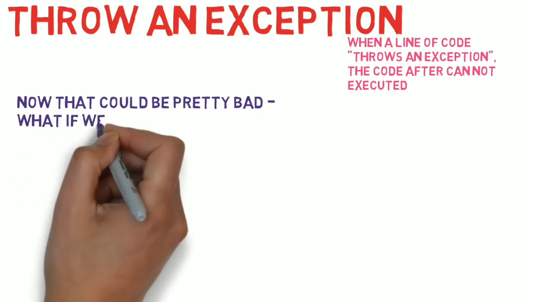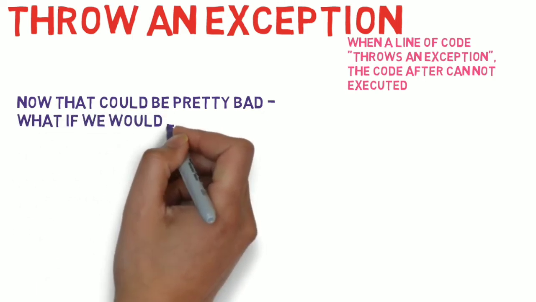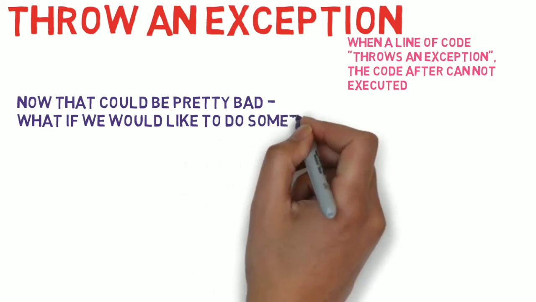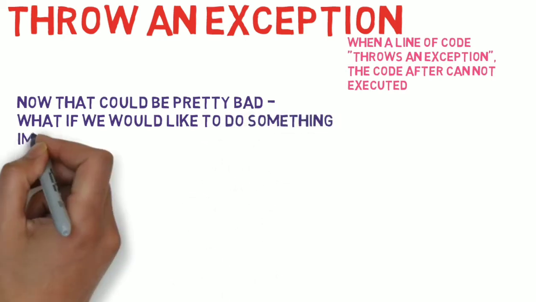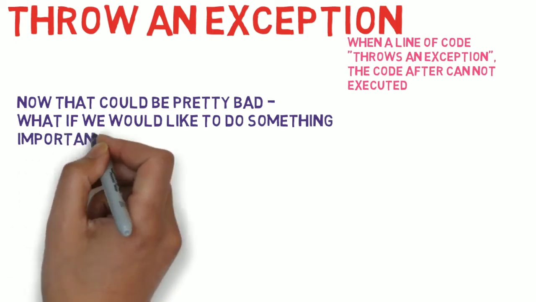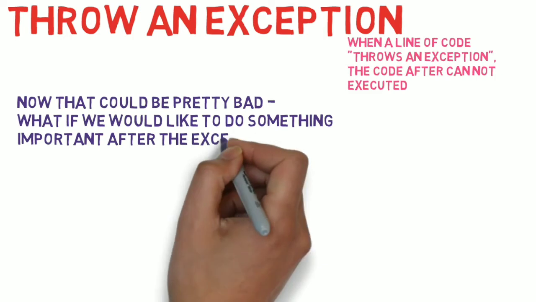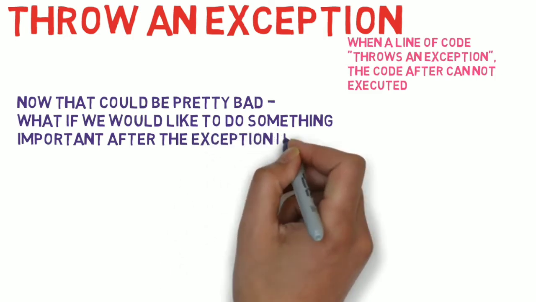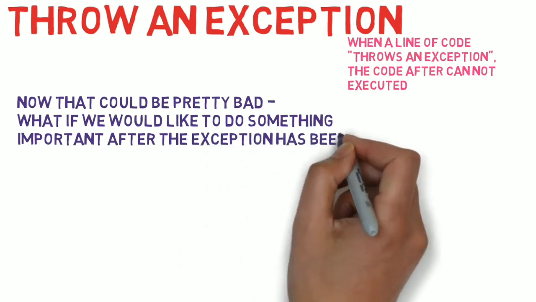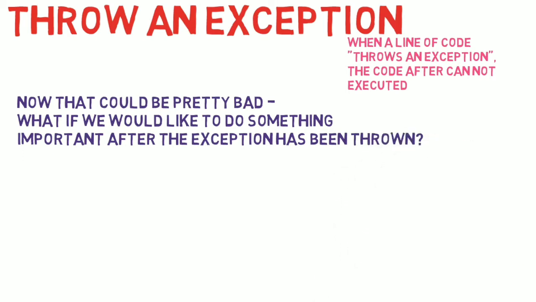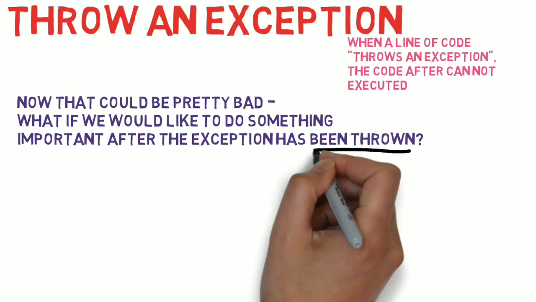What would happen if this exception is thrown and you wanted to do something really important after this particular line? Something that needs to be done regardless of whether the previous lines of code have been executed or not.